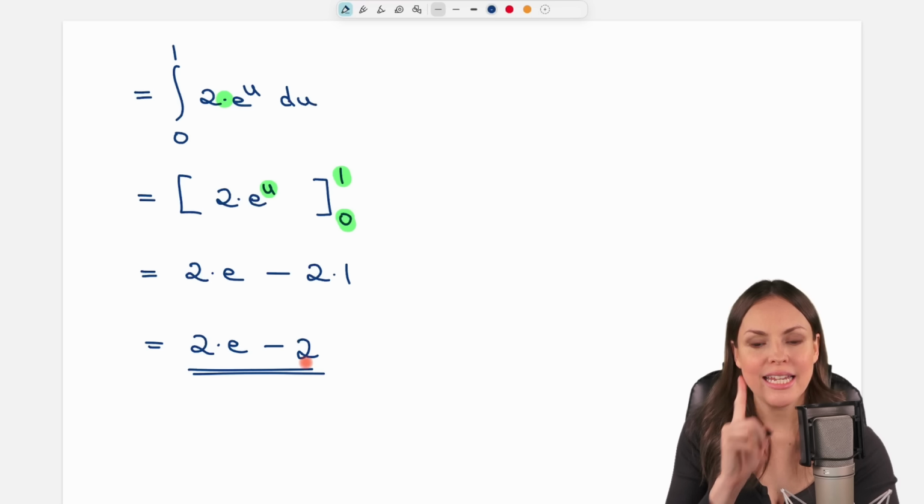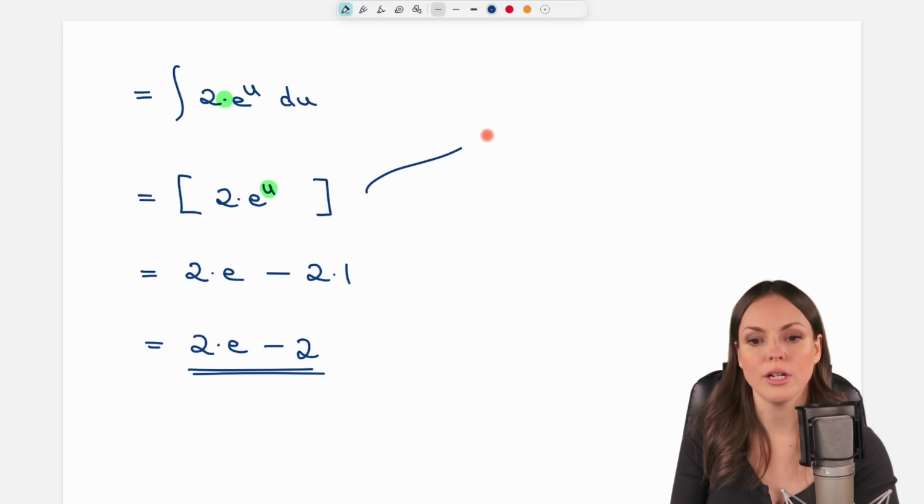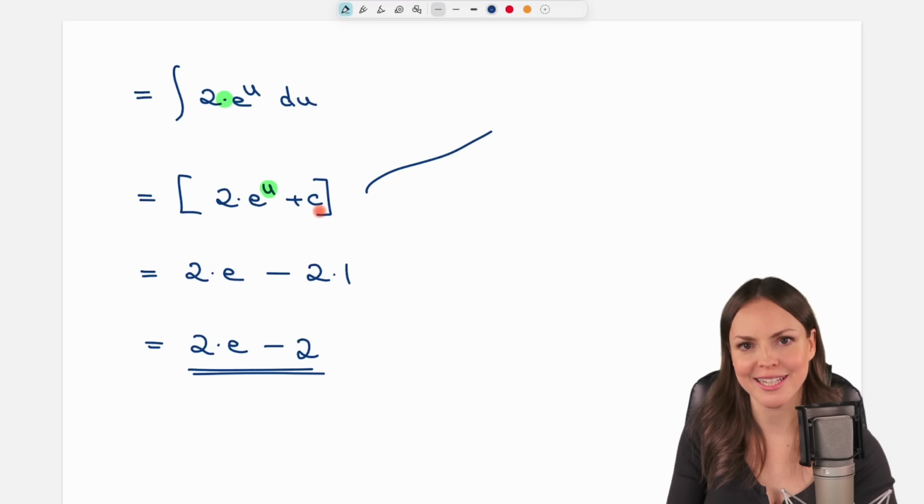And just in case you don't have any limits here in your integral, and you end up here at the end, and you want to know, what do I do with this now? How can I find my antiderivative? At this point here, first of all, you would have to add this constant c. Don't forget that.